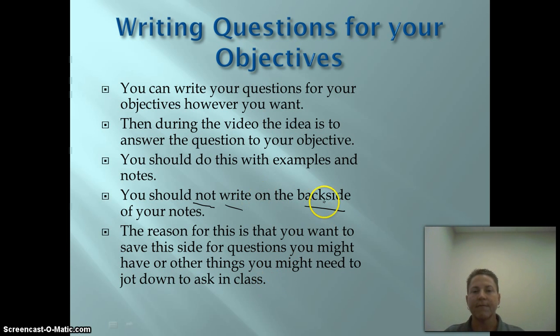So never write on the back of your notes, because that will be a time when I will deduct points from your grade. Notes are a great way to get 20 out of 20 on your homework. But if you write on the back, forget to rank your vocabulary, or forget to write your objectives or questions, then I take points off.